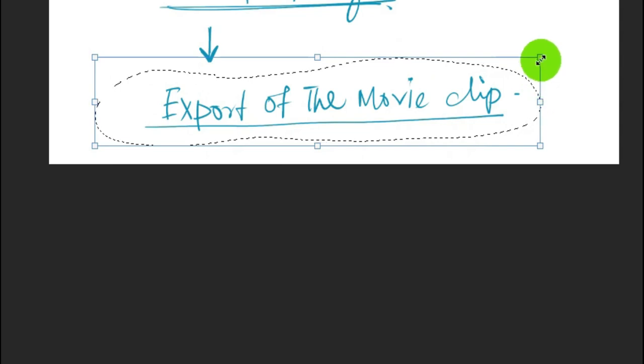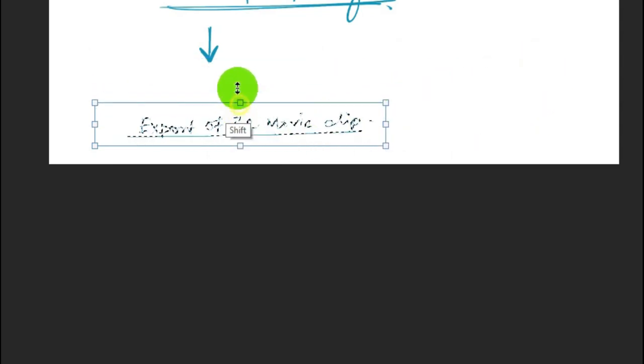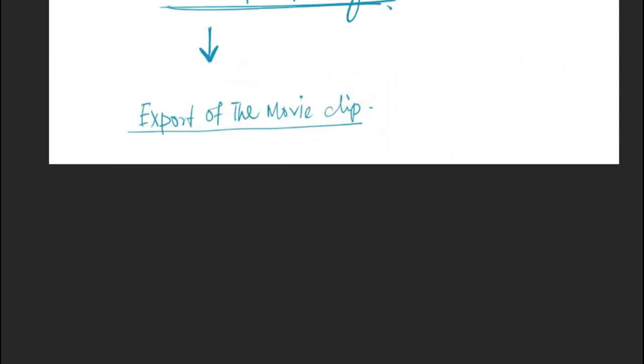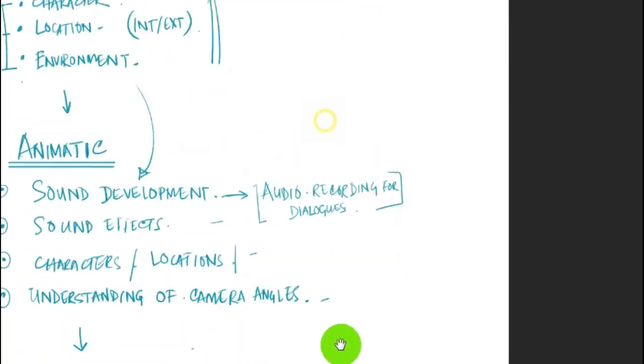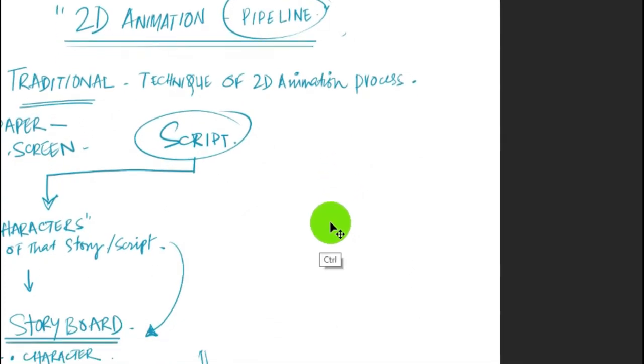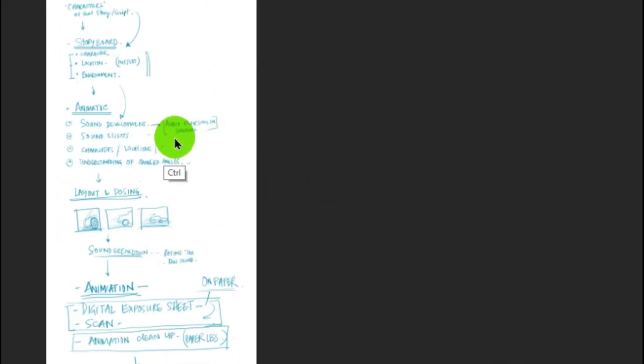The export of the movie is obviously called rendering or the render part. So this is the whole process of the pipeline of 2D animation.